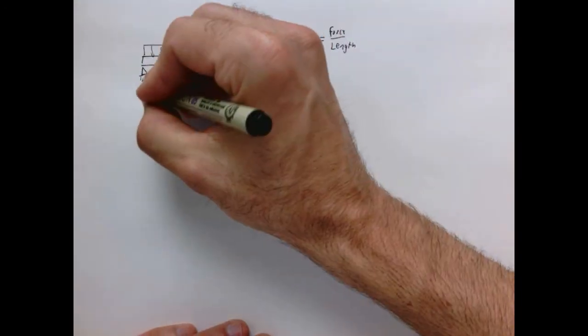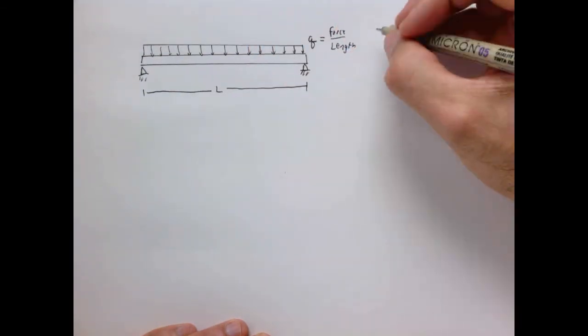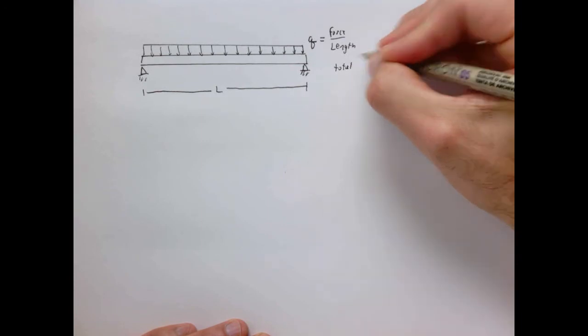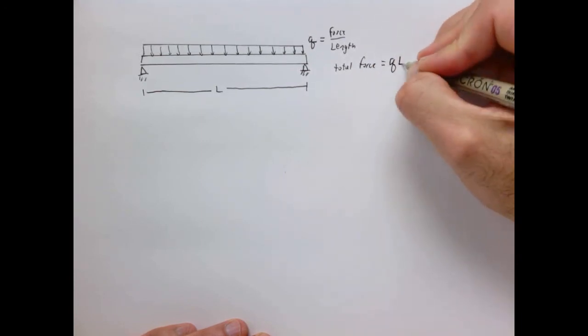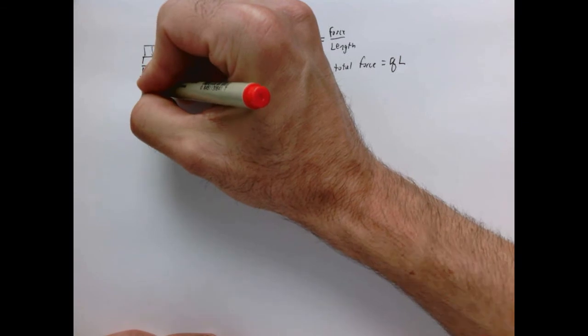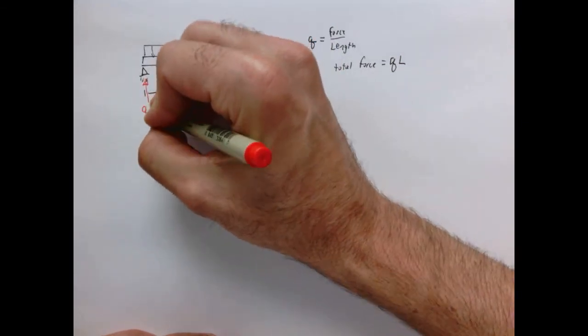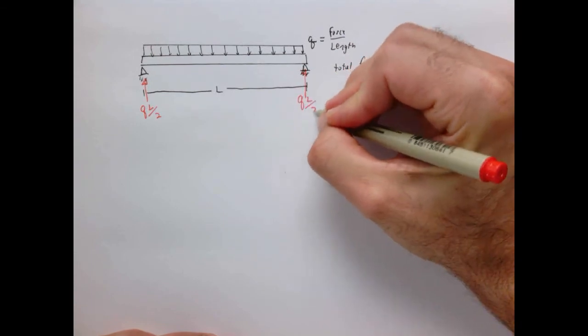Since the length of this beam is generic, L, the total load of this beam is nothing more than Q times L. So that means our reaction force in this case is quite simple because everything is nice and symmetric. This is just QL over 2, and this is QL over 2.